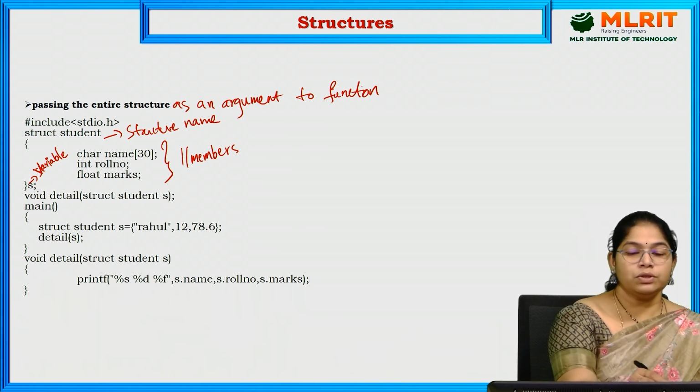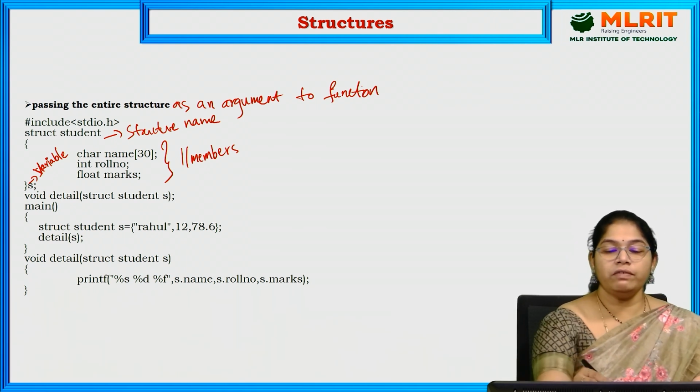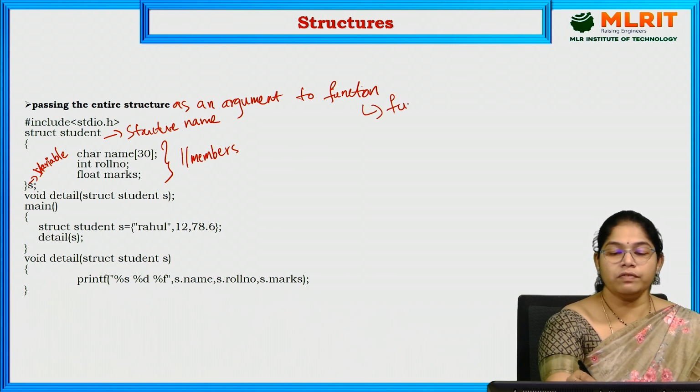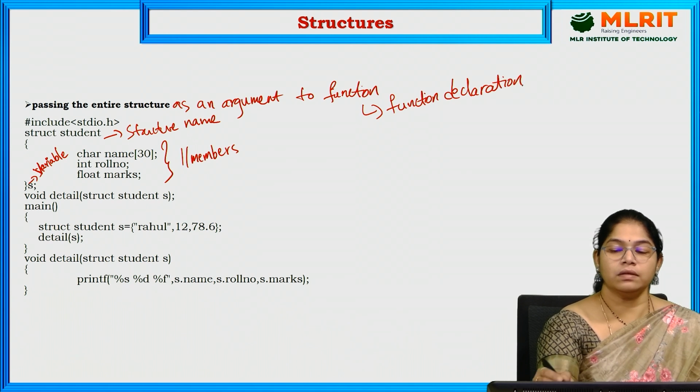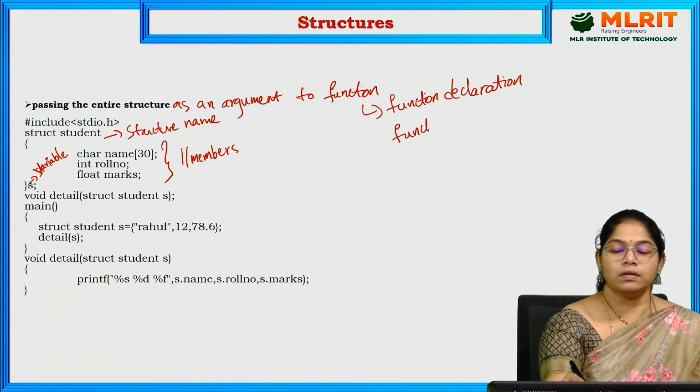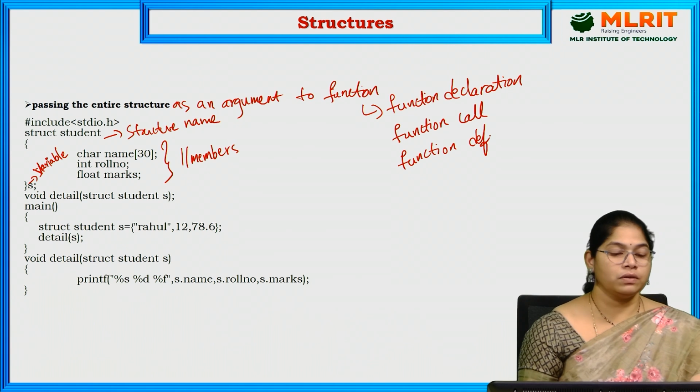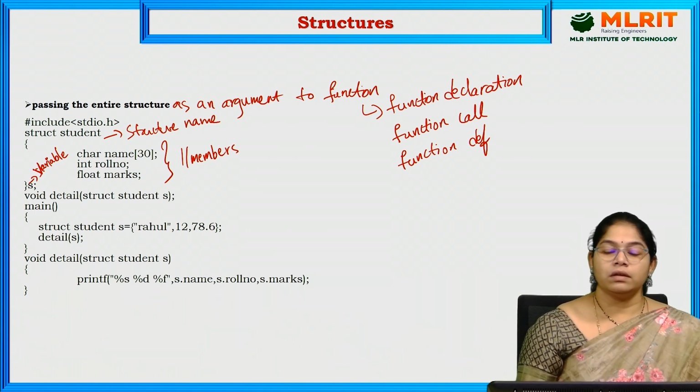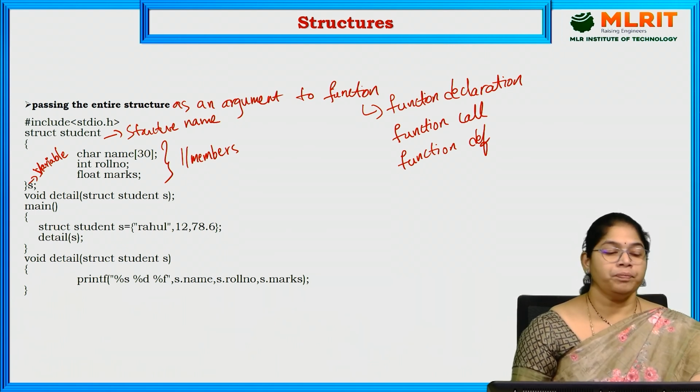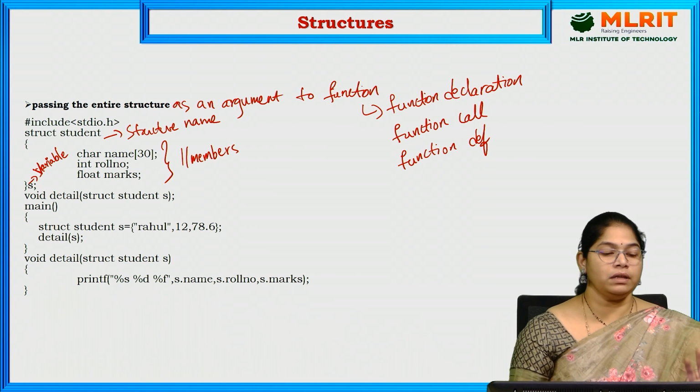Then whenever we are writing a function, we must have a function declaration, function call, function definition. So in the function declaration: return type, function name, and the list of arguments.